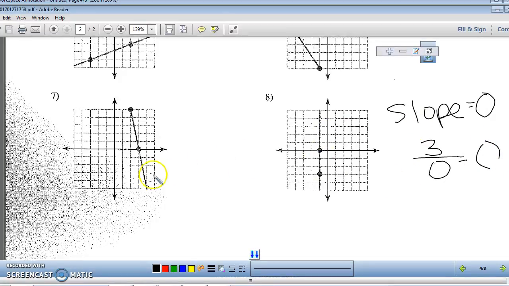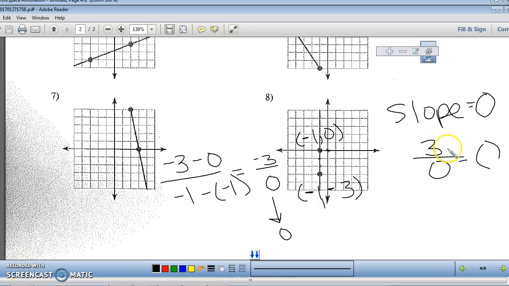Also, you can show your points. So this would be 0, 0. So -1 over 0. And so -1, 1, 2, 3, and -3. And to show you real quick, y minus y over x minus x. Okay, in both cases we get 0.